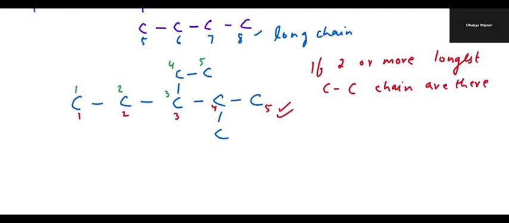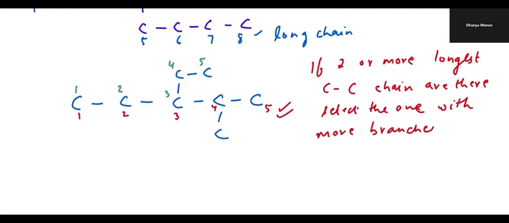So in this case, you would select the one with more branches. So if I select the green numbering, there is only one branch, right? But if you select the red one, there are two branches. So I would prefer the red one, not the green one. I hope I'm clear here. Okay.